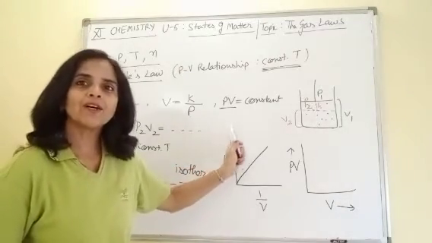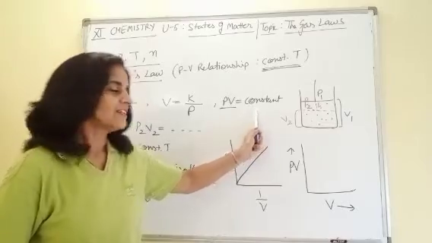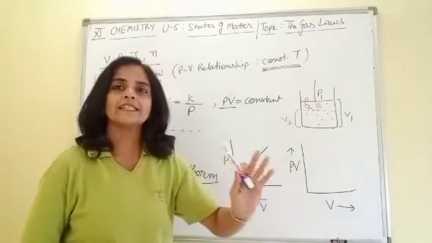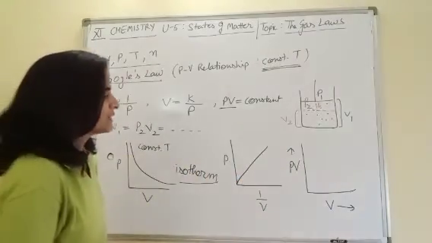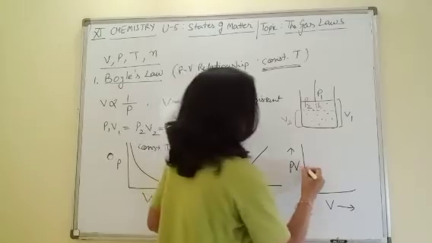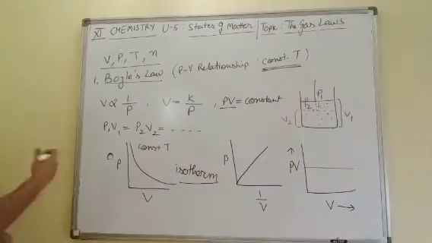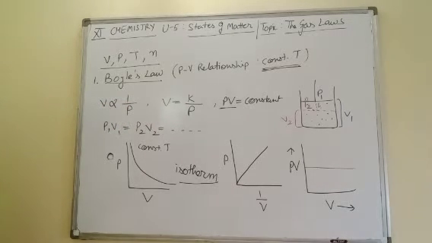The product of pressure and volume always remains constant. So whatever the value of V, this product cannot change. It will always give us a constant value. So the graph will be like this, a straight line parallel to the x-axis, which means no change. Whatever change in volume we make, this product always comes constant.